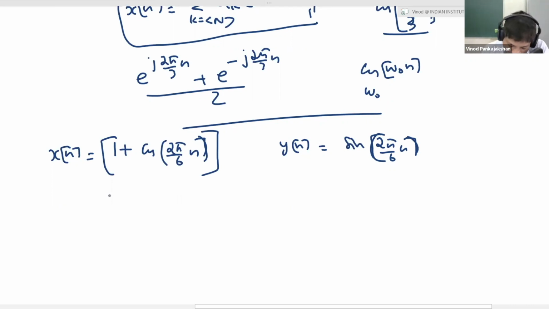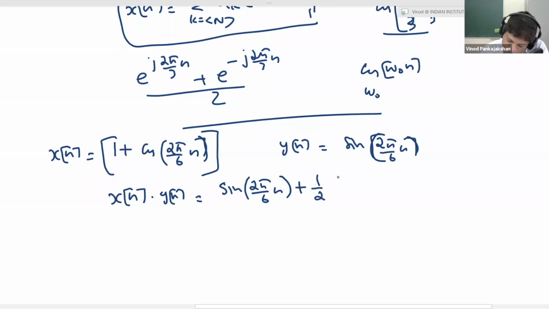If we use the multiplication property, first let us try to find the Fourier series coefficients of x n into y n directly. So tell me what are the Fourier series coefficients? How many non-zero Fourier series coefficients? This is a periodic signal with fundamental period 6, so there will be 4 non-zero Fourier series coefficients.